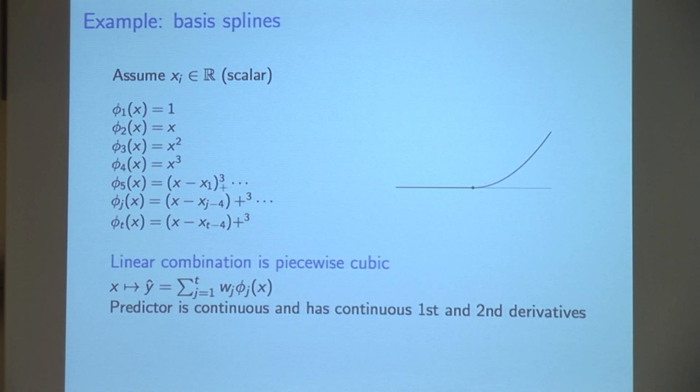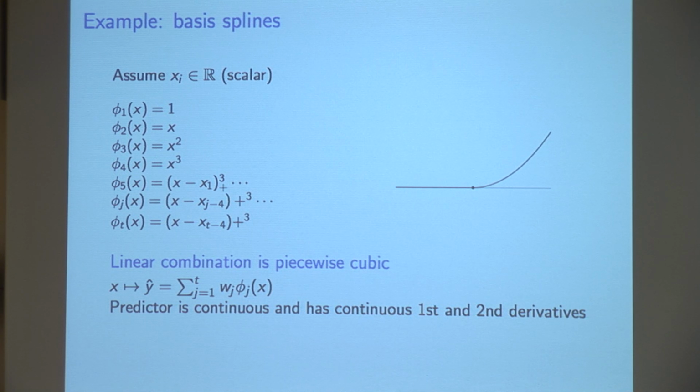There's one instantiation of bases. You can do things with splines. If you want piecewise cubic functions through data, the easiest way to think of it is just to have a bunch of basis functions. I take my scalar observation and map it out into a feature representation of piecewise cubic functions: constant, linear, quadratic, cubic, and then a bunch of these piecewise cubics.